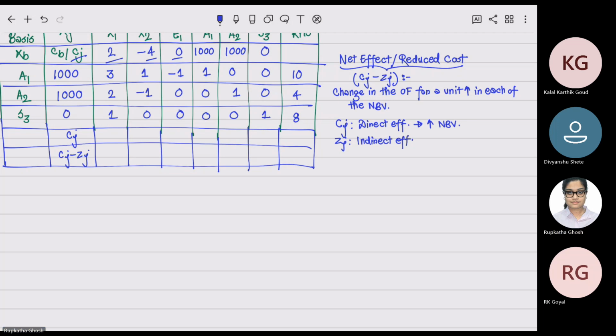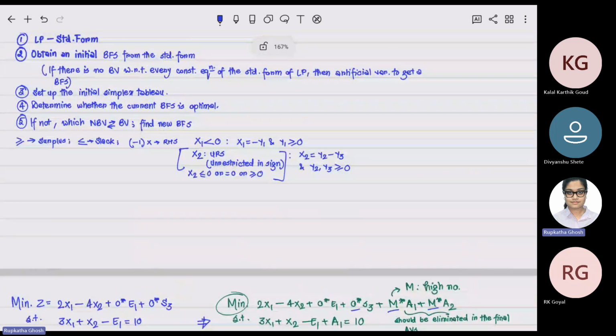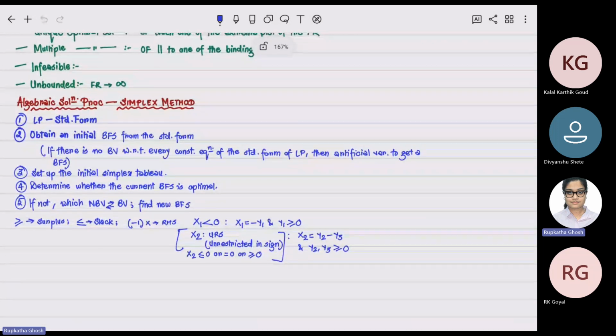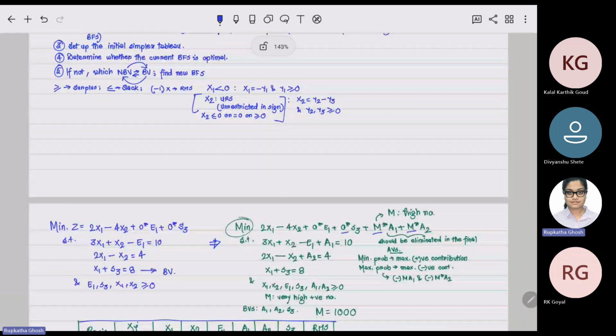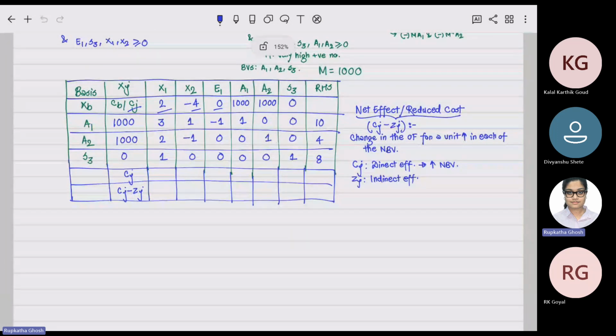That is, one non-basic variable will become basic, and one basic variable has to become non-basic. It has to leave a space for one of these variables to enter your basis. So that is what I mean by this.